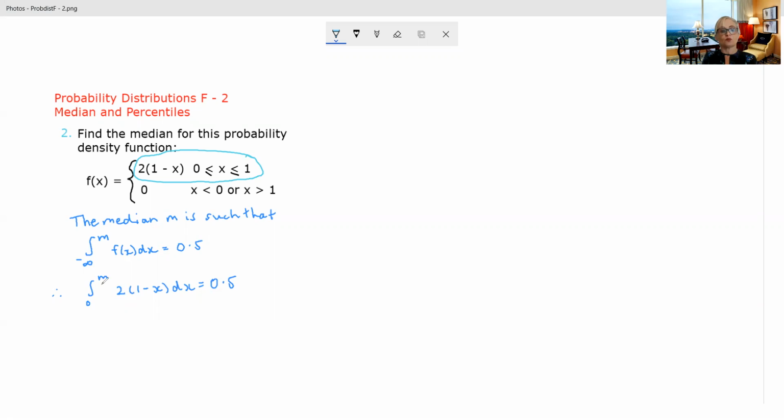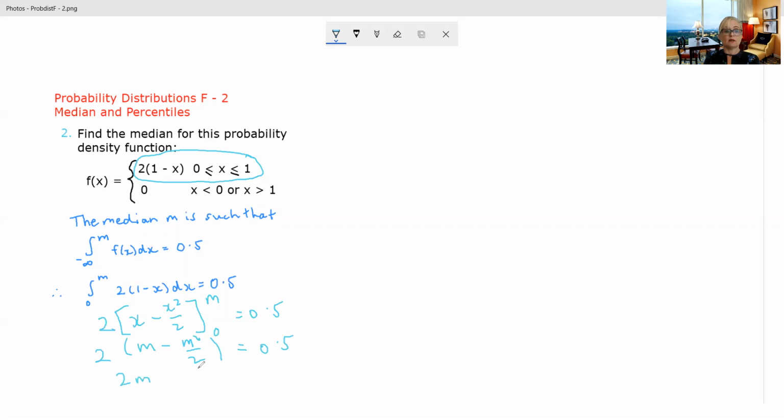So in effect, what we're working out here is the integral from 0 to m of that being 0.5. Okay, so we're going to get 2 times x minus x squared on 2, just integrating that from m to 0 is 0.5. So 2 times m minus m squared on 2, well, that's just going to be minus 0, is going to give you 0.5.